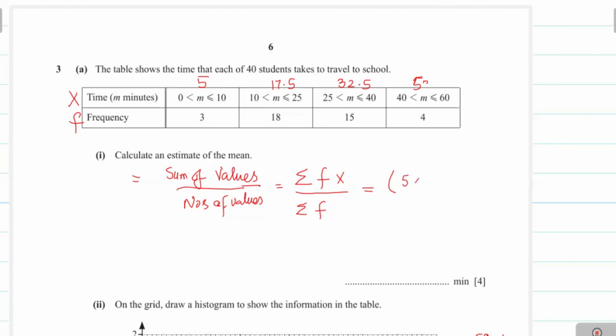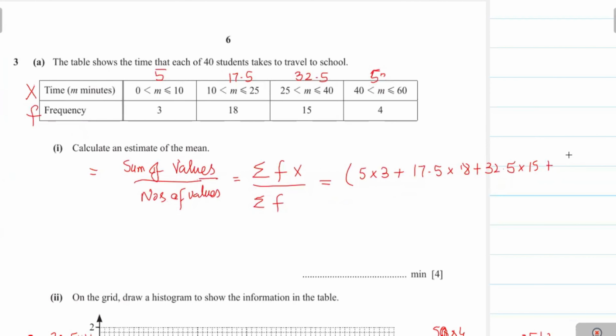Therefore, we can write 5 into 3 plus 17.5 into 18 plus 32.5 into 15 plus 50 into 4. And our summation f, the sum of the frequencies, we add these values, we get 40. And we write here 40.